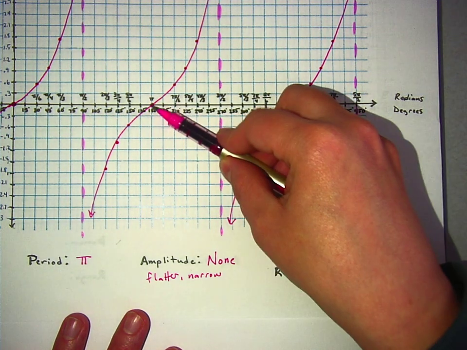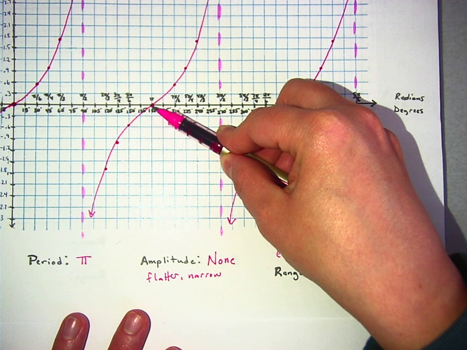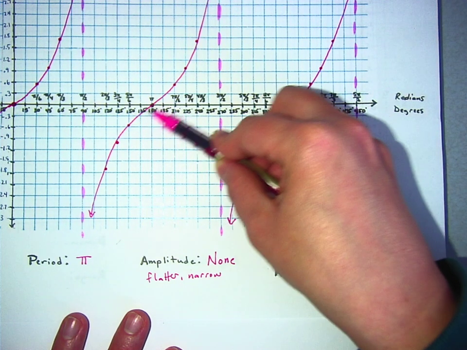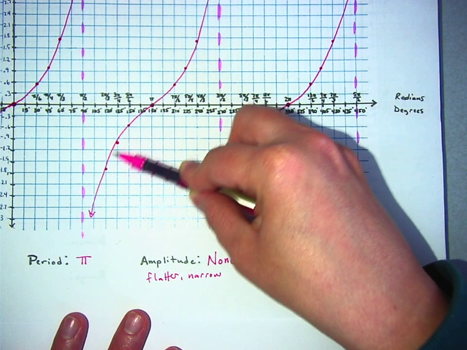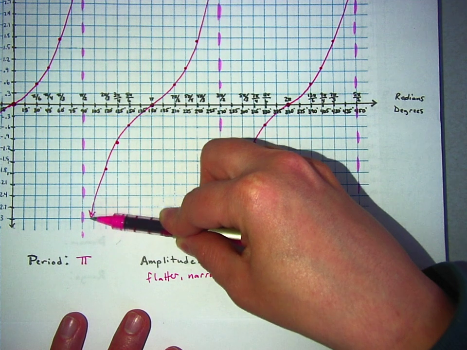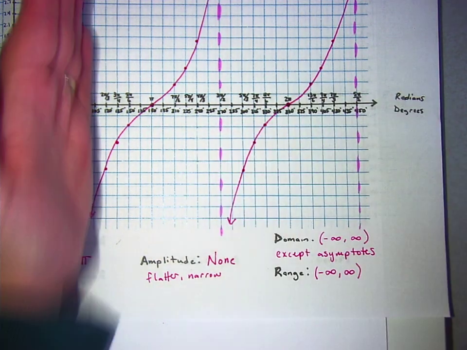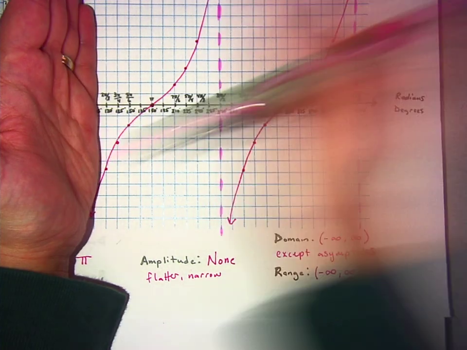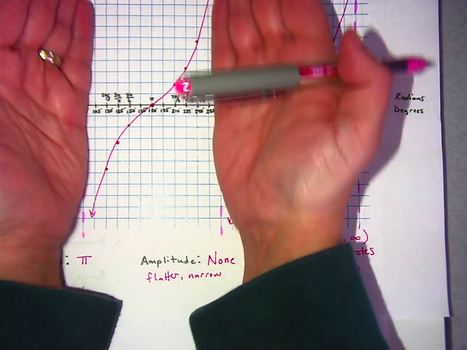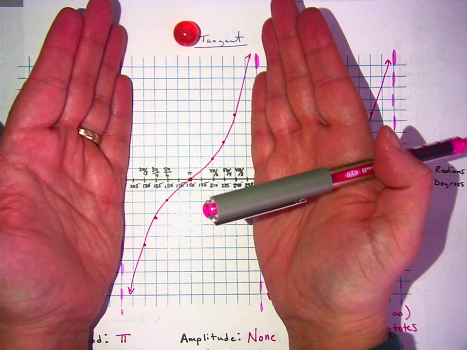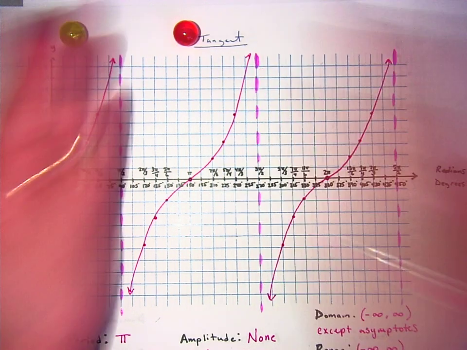Because this one is at 0 for y, and then it goes down. Is it skipping anything as it goes down? No. And does it keep going down forever? Yes. Left and right is where we're missing things. We're missing this one and this one and this one. But just this thing right here goes up forever and down forever. So the range is negative infinity to infinity.